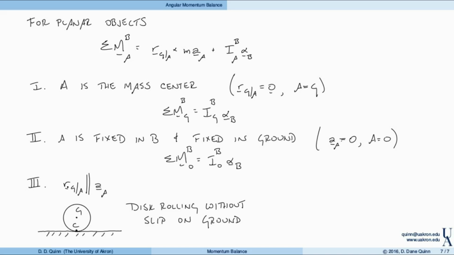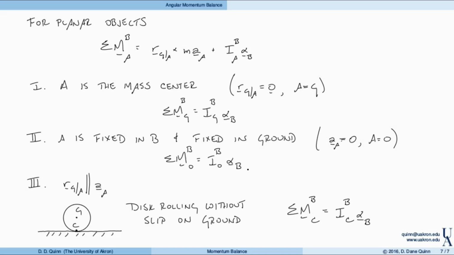So again, r of G with respect to the point that we're taking the moments about is parallel to the acceleration of that point. And so in this case, we again find that the sum of the moments about point C is equal to the moment of inertia about point C of the body times the angular acceleration of the body.